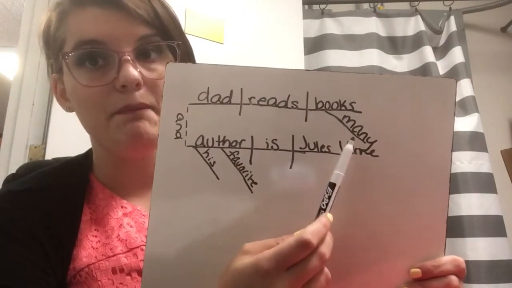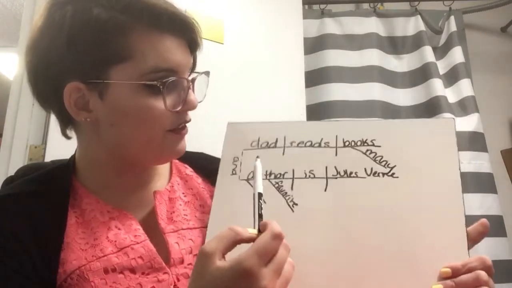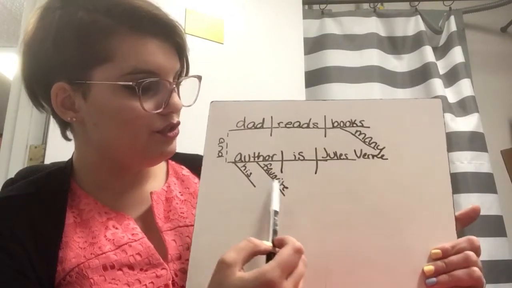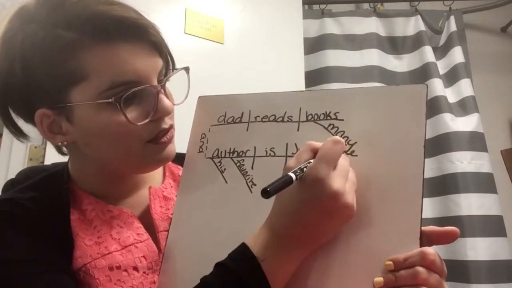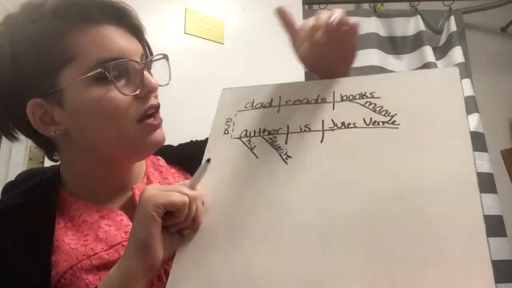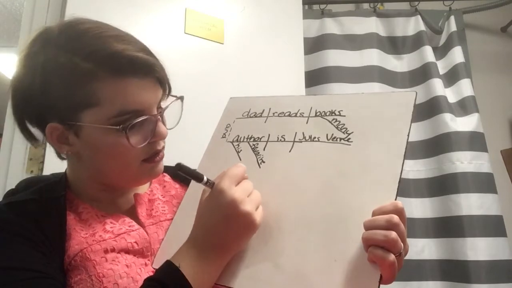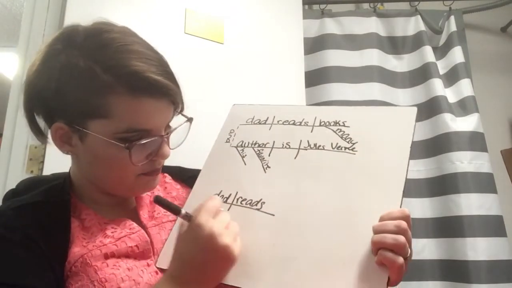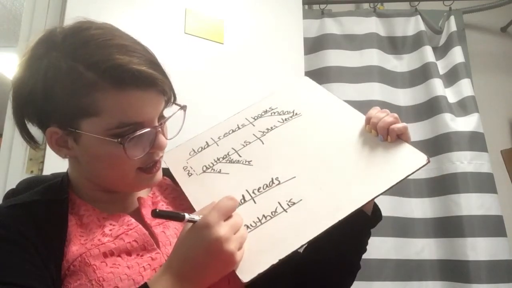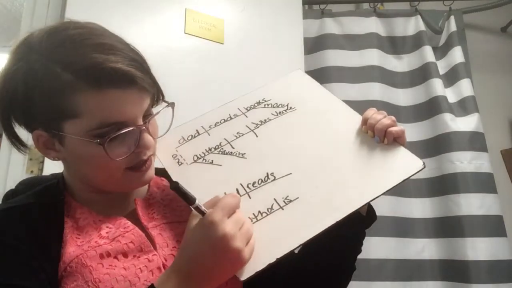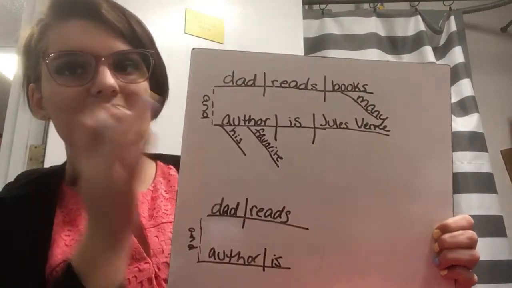Dad reads books. How many? Many. Connect with the conjunction. His favorite author. The subject is author, and the two describing things are his and favorite. And then is, who is it or what is it? Jules Verne. So again, all you need to have is Dad reads, author is, and connect it, dotted, with and. That's all that's required, but I wanted to show you, in case you are curious, how you would break down the entire sentence, okay?